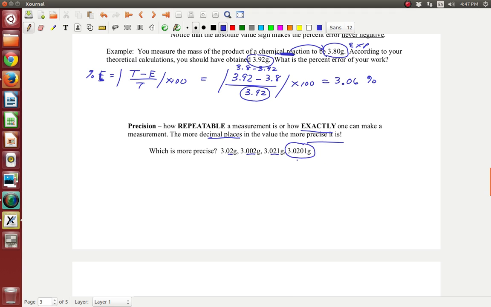That means our instrument can get all the way down: tenths, hundredths, thousandths, 10,000th spot. That means it has enough markings between each spot to get down to the 10,000th spot on the ruler, or in this case, since this is grams, to get down to the 10,000th of a gram. So the more decimal places, the more exact, the more precise the measurement is going to be.